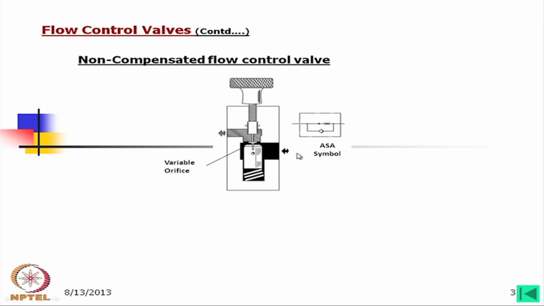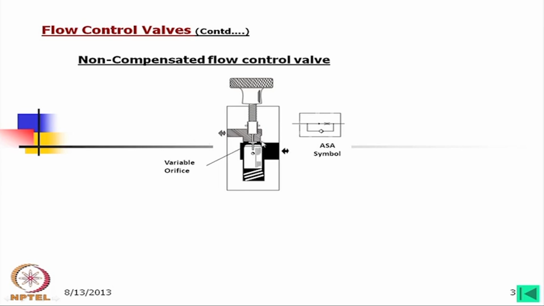Let us consider flow from right side to left side. This black means this is pressurized. So, oil is coming through this and then it is passing through this orifice and going to the left side.